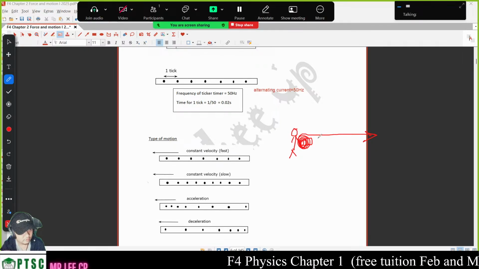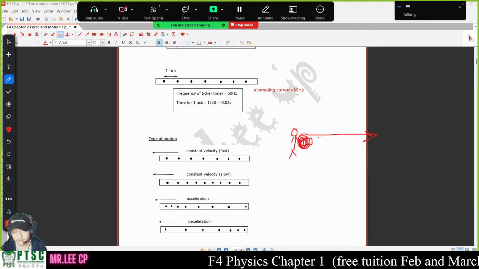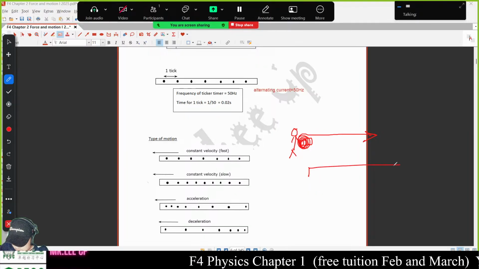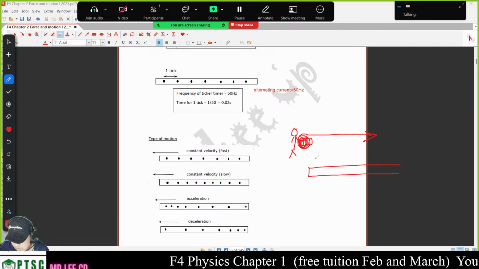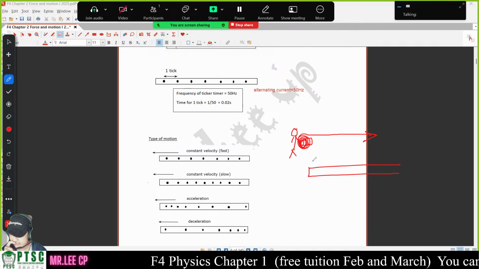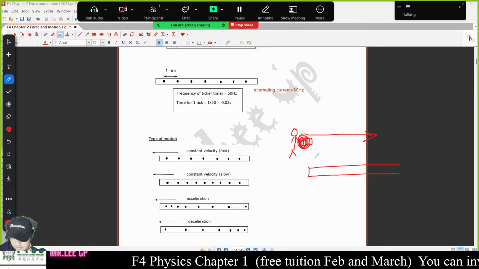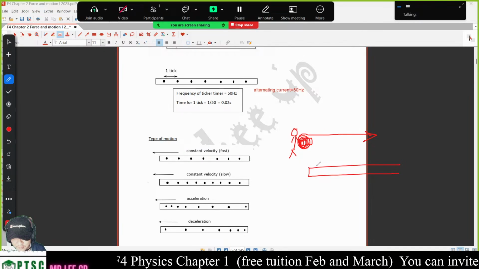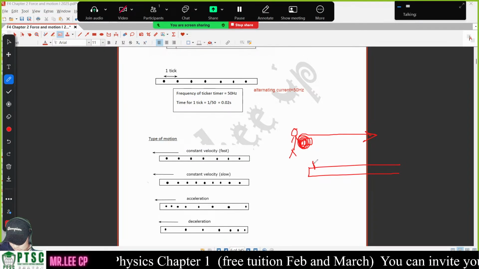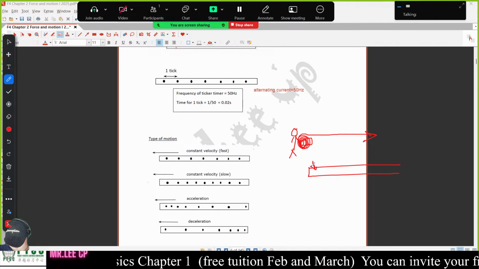Now what you see here is that I take one marker pen to tick here, to start to draw here, tick.